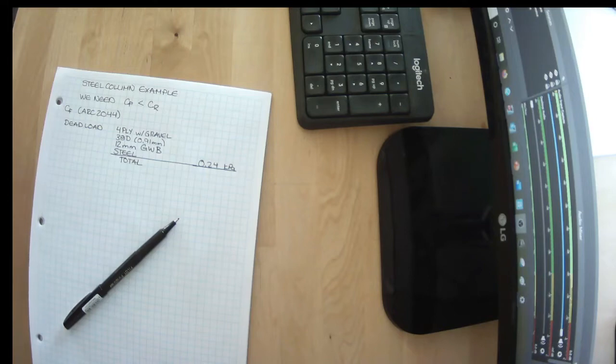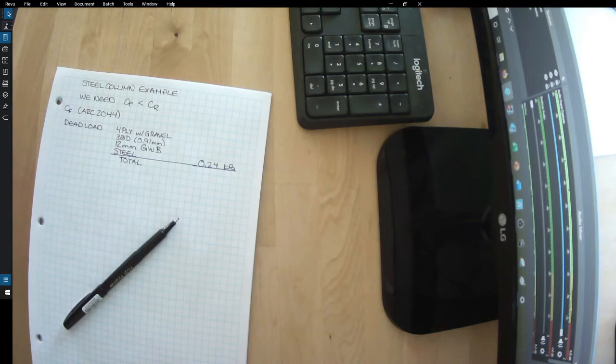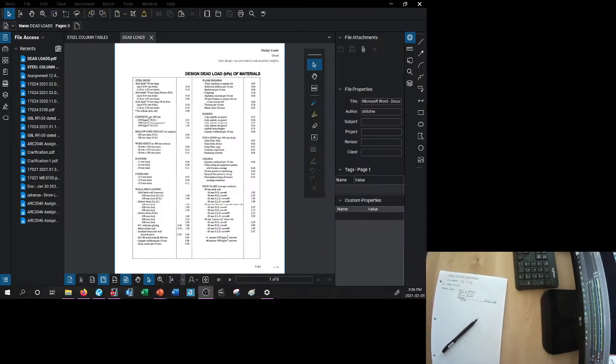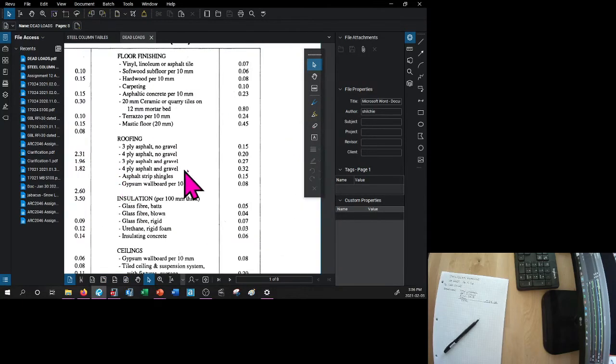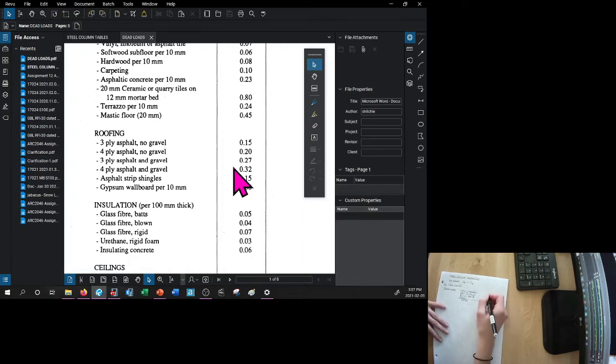Let's look at our dead load tables. So this was something that we looked at last term. We looked at these tables here. And the first thing we want to look at is 4-ply with gravel. So 4-ply asphalt with gravel is 0.32 kPa.